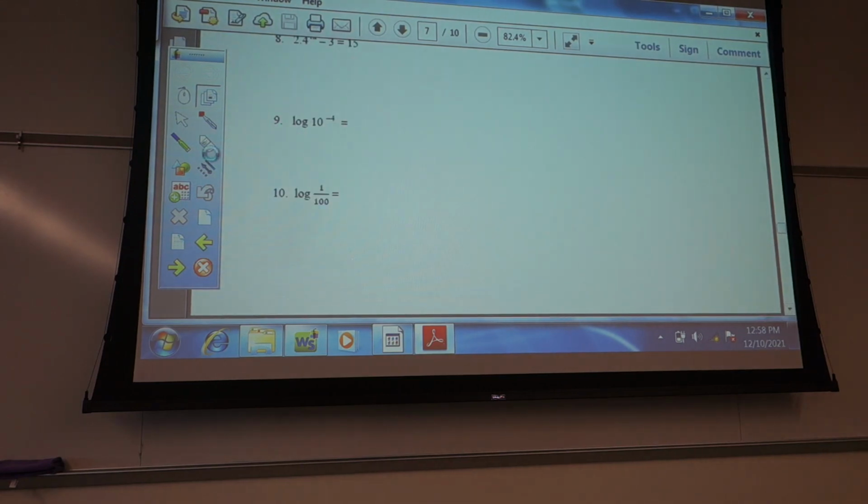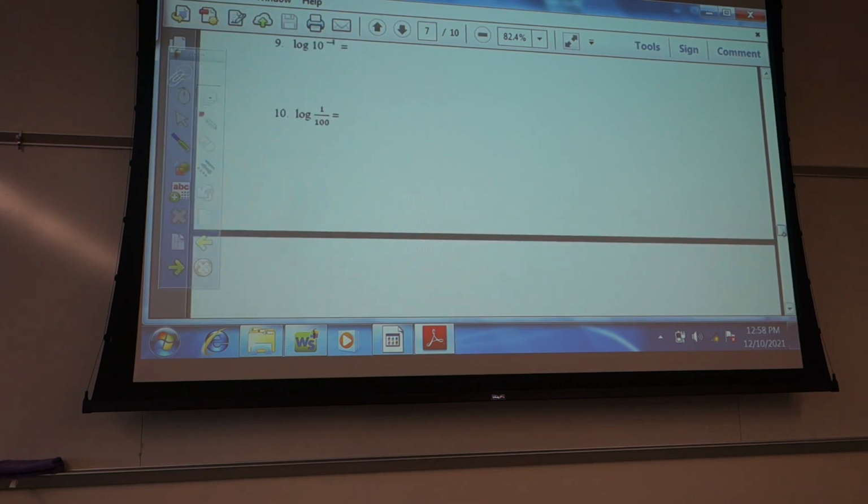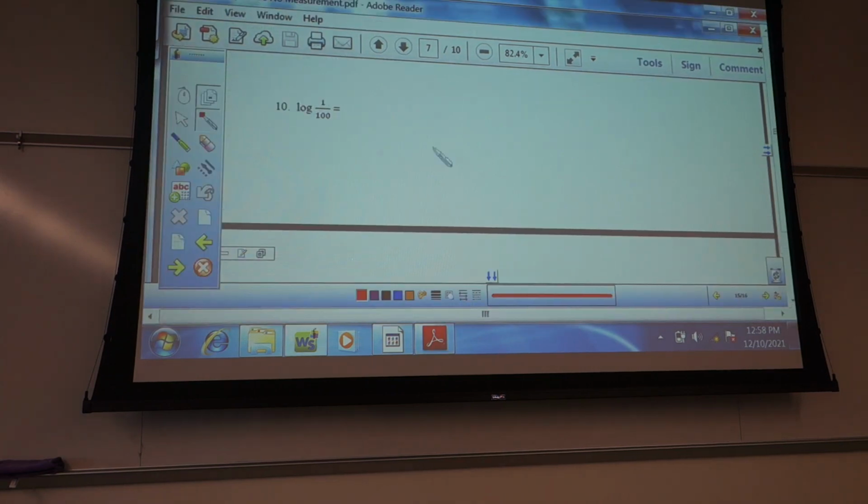The last one. So this is kind of a crucial one. You may very well get something like this in your exam. So what's my base? 10. What's my exponent? X. Everybody with me?